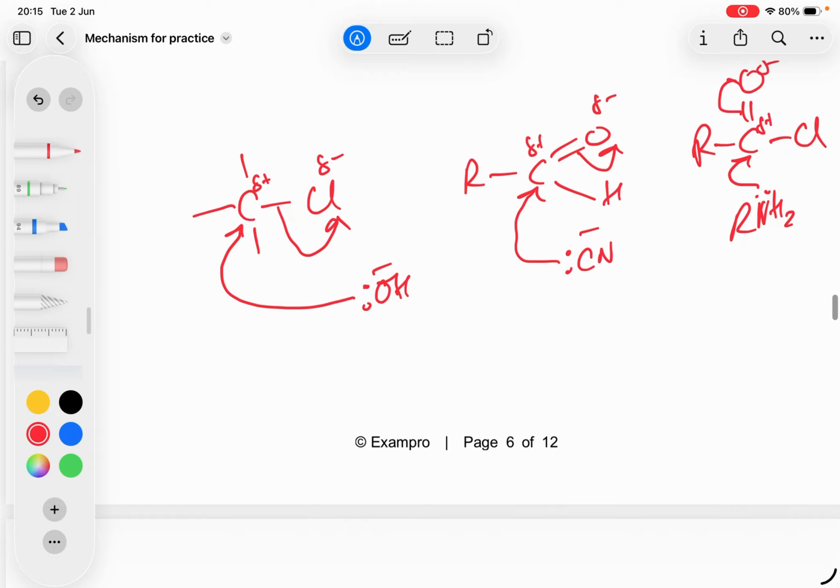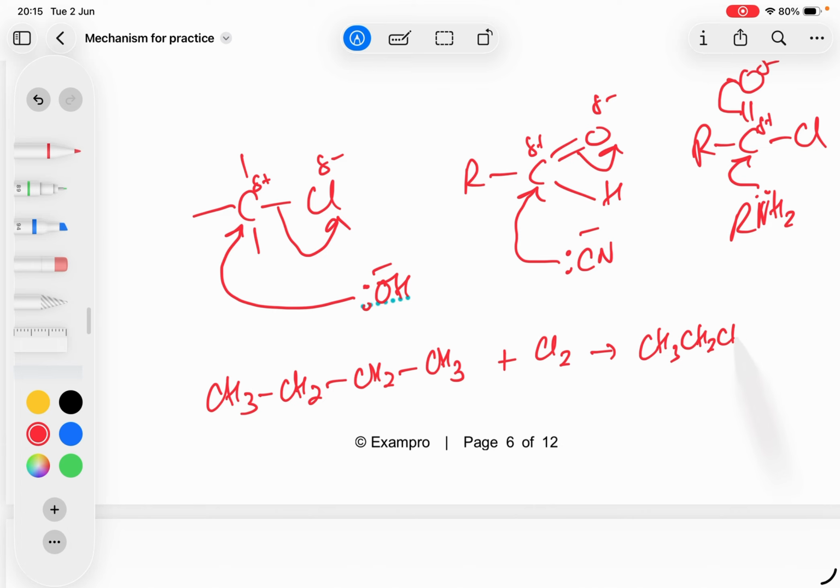And why do alkanes undergo free radical substitution? Let's do an example of it. Okay, butane plus chlorine, and we want to form 2-chlorobutane.